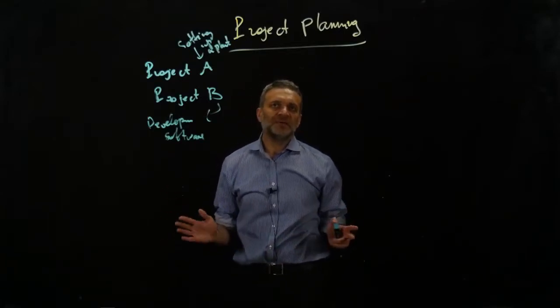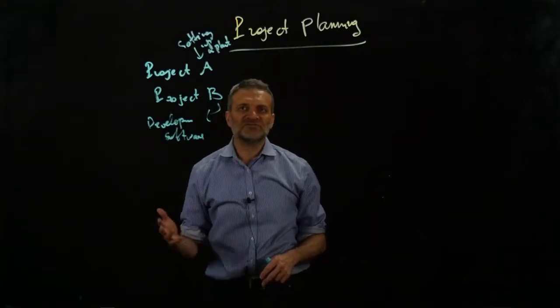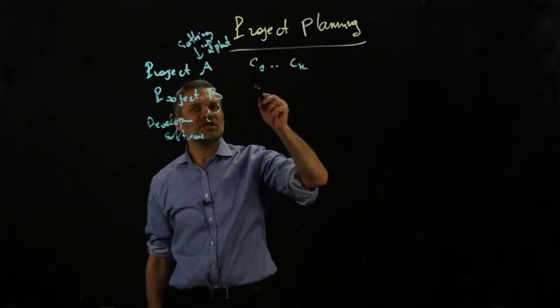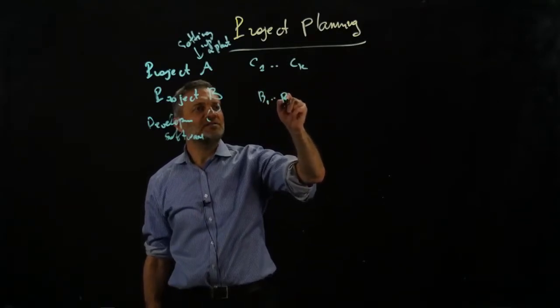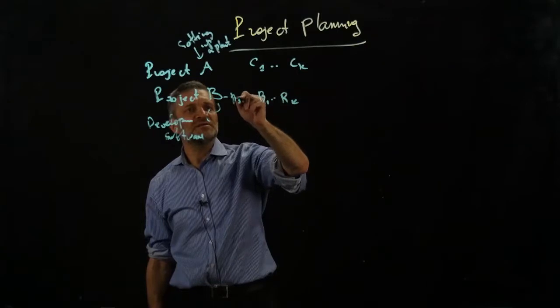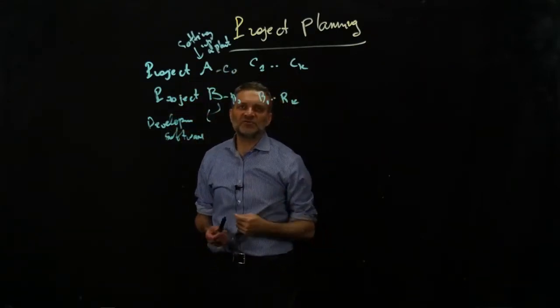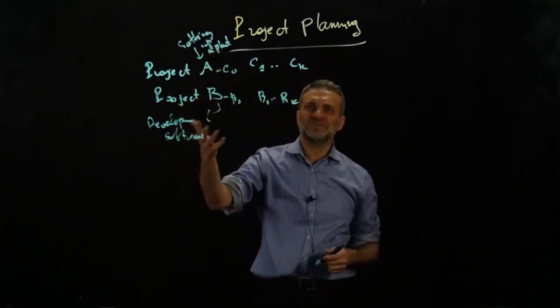But let's assume that you do not have those kinds of problems and you have built it a lot of times, so you know what your cash flows will be for project A, and you know what your cash flows will be for project B, and you know that you want to invest some initial amount. Now, the $64,000 question is, how do I decide between project A and project B?